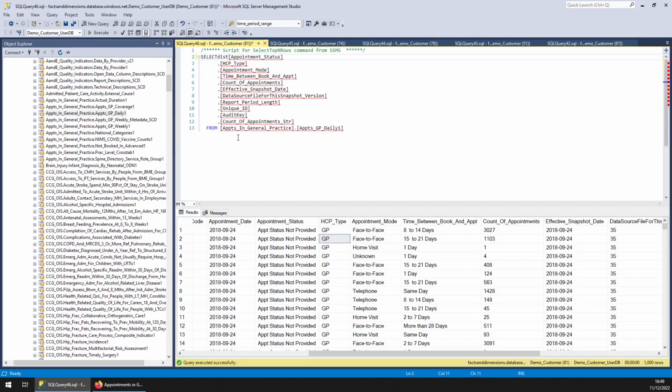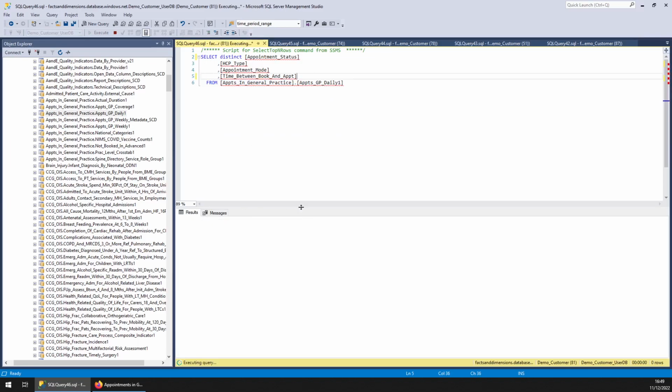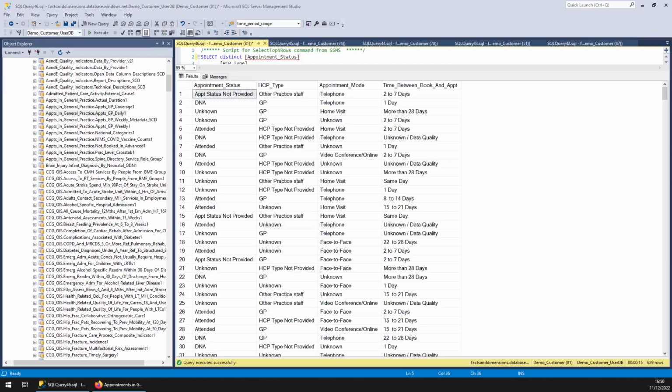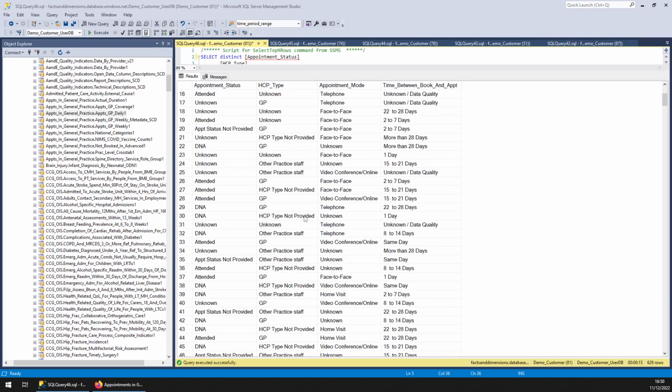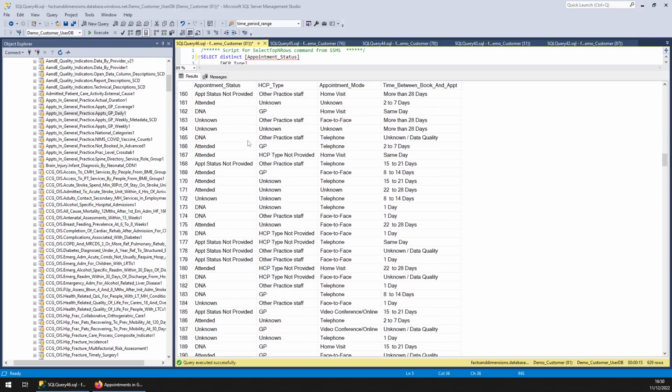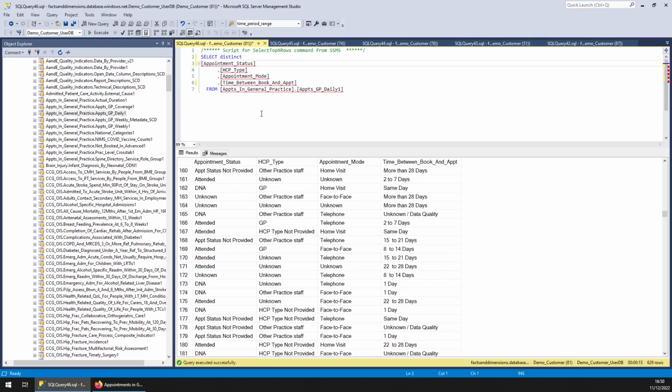But let's do the other categories so we get the idea. So you can see there's actually quite a lot there. Rather too much to actually go through on here. Let's do a distinct on each of these fields so we can get a better idea, shall we?